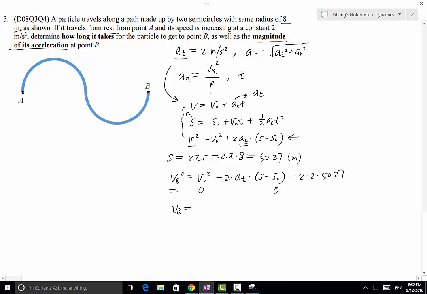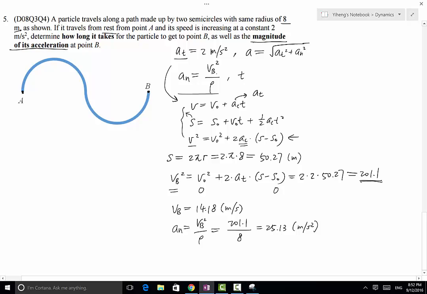VB equals 14.18 meters per second. So VB squared equals 201.1. We can plug this directly into this equation. Therefore, AN equals VB squared over rho, which is 201.1 divided by the constant radius of 8, that is 25.13 meters per second squared.